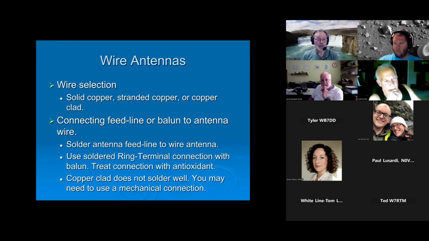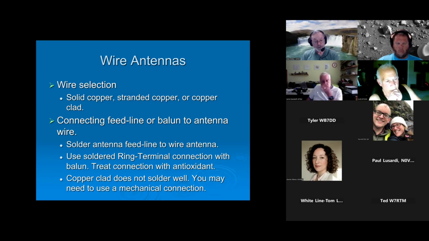So let's talk about antennas. You can't solder the wires out of that coax directly to your antenna, because antennas are always made out of aluminum. It just won't work.